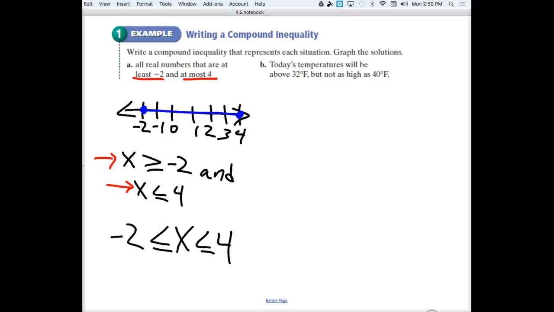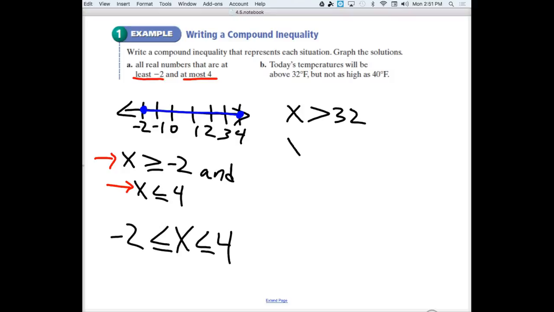Again, using a more concrete example with temperatures, if today's temperatures will be above 32 degrees, so we were just to write a compound inequality, x, the temperature, would be above 32, so greater than 32, but not as high as 40.